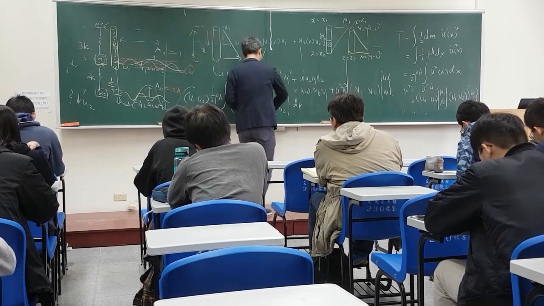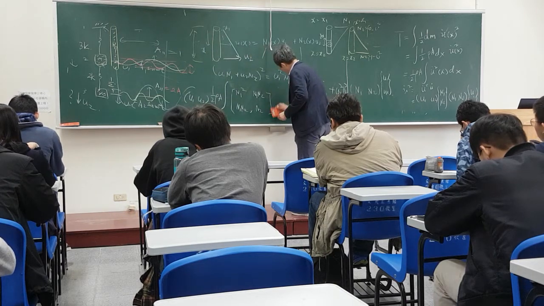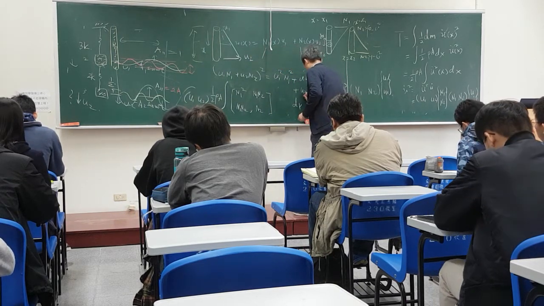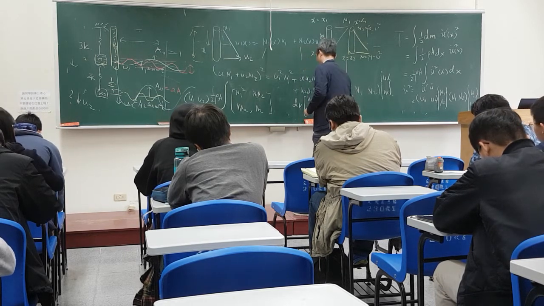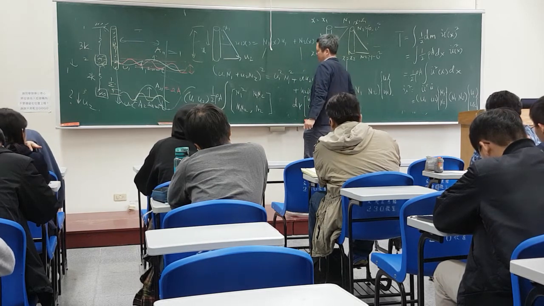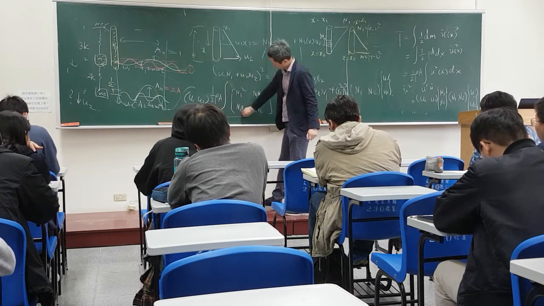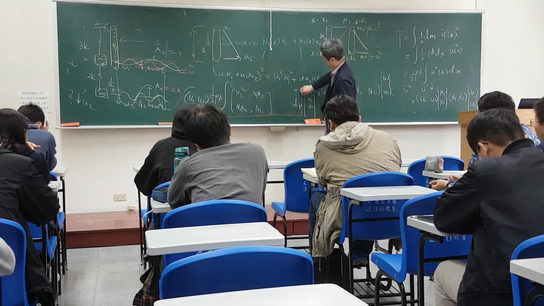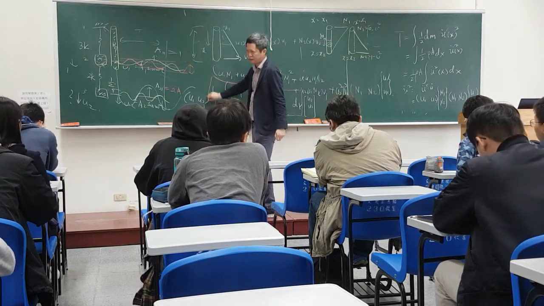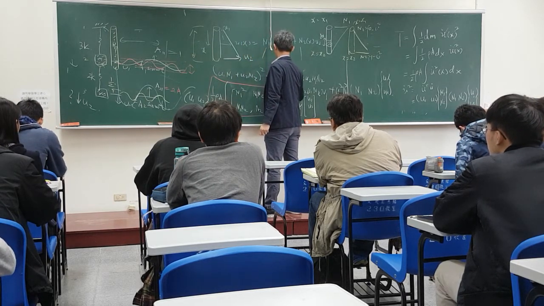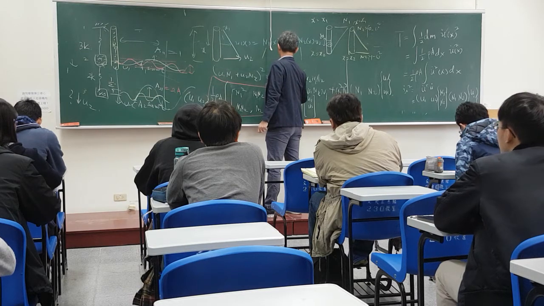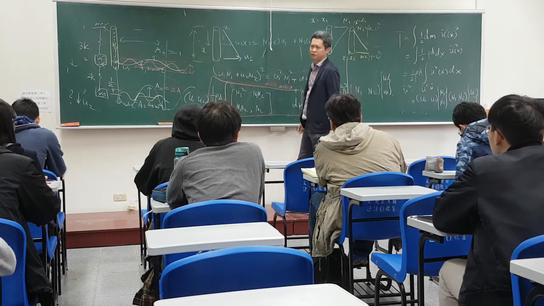Okay, and I can put the U1 and U2 outside. So now we have a name for this matrix. And we call this a mass matrix.